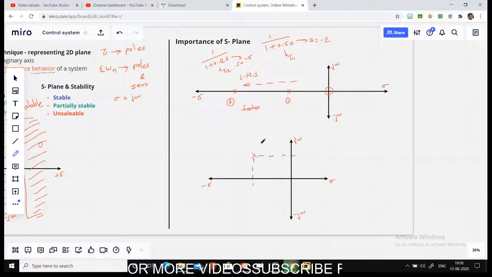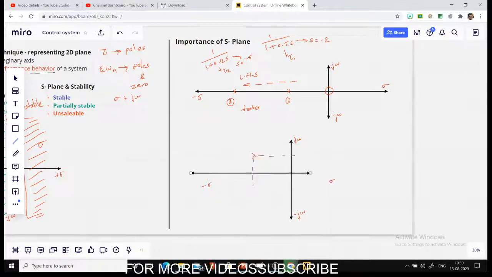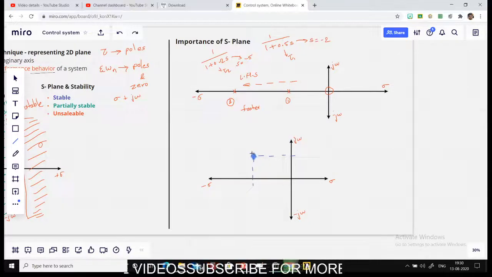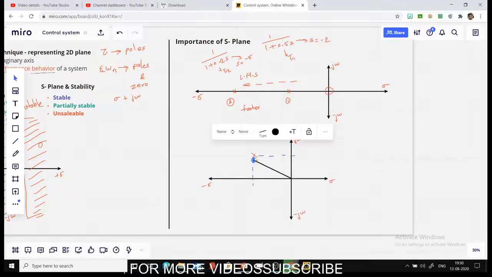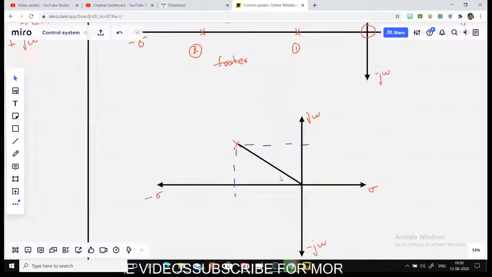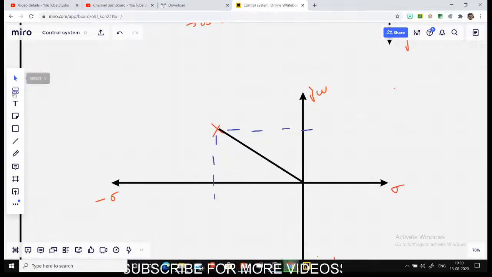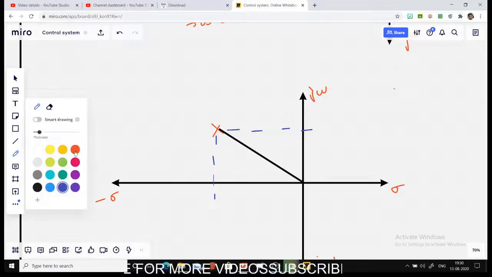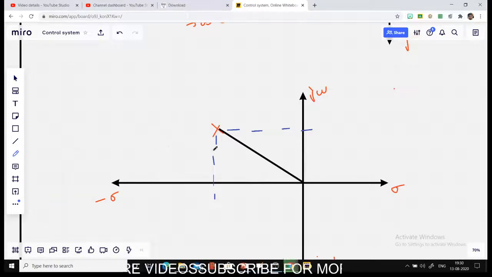If I try to draw a straight line from the origin to this pole, it will give me a lot of values regarding our time response specifications. So the x component of this pole gives you minus zeta omega n for the time response specification.